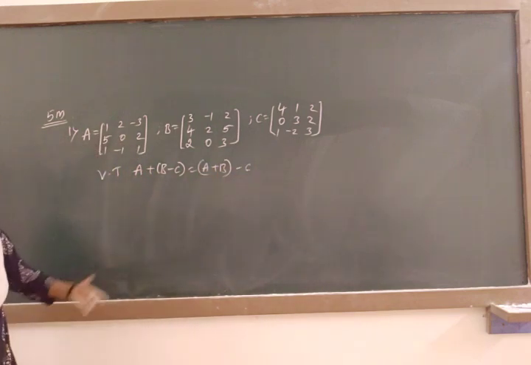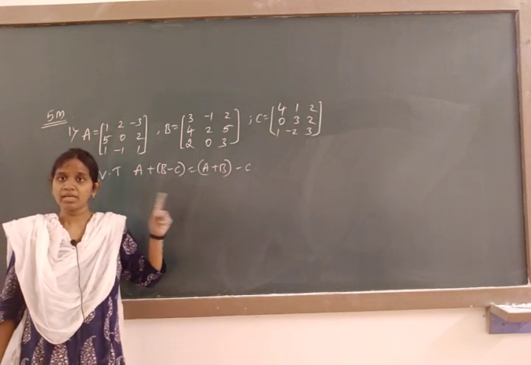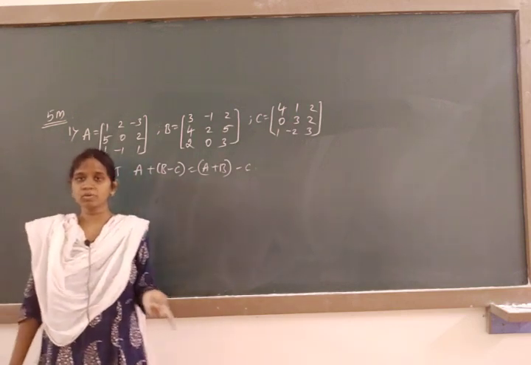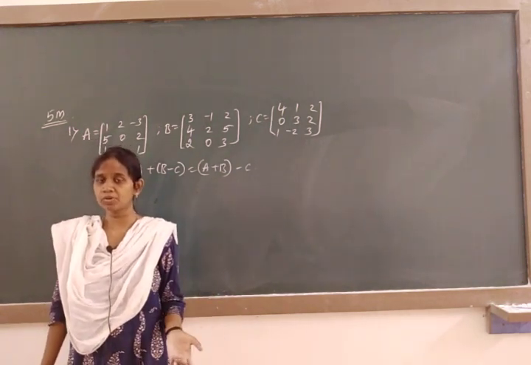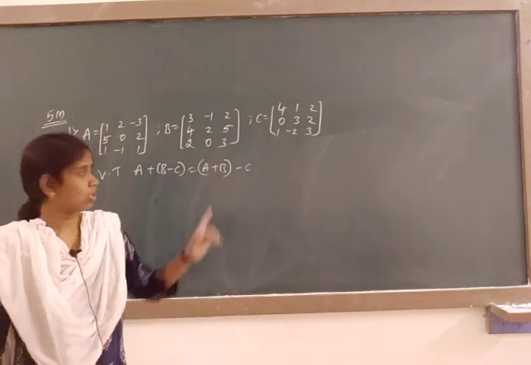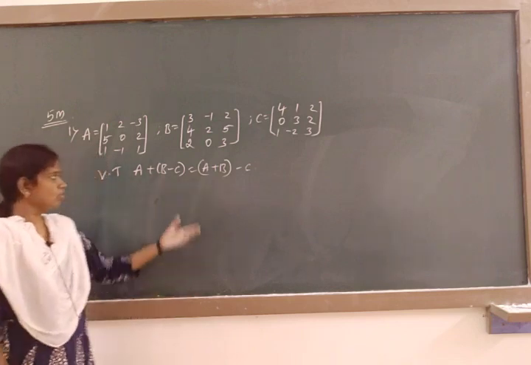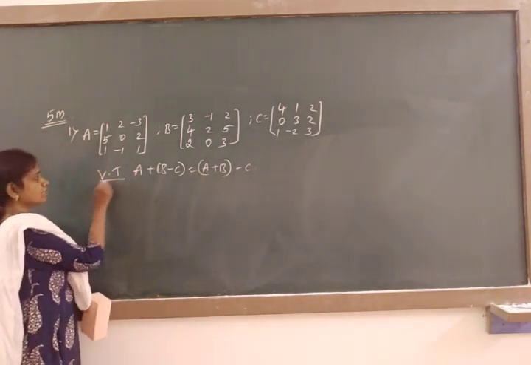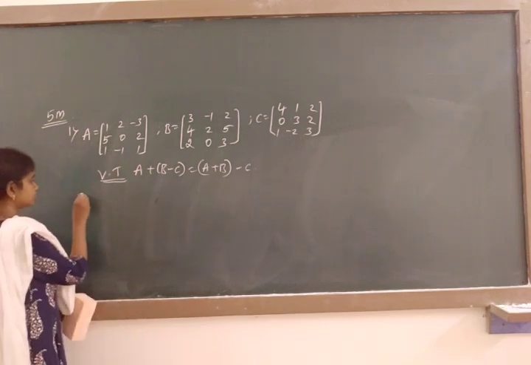In our question there is a presence of operations plus and minus. As I said, matrix addition and subtraction is possible only when all the matrices are of same order. You can observe it's 3 cross 3, the remaining 2 are also the same. Now solution. They are asking to verify whether LHS is equal to RHS or not. We have to check. Solution.